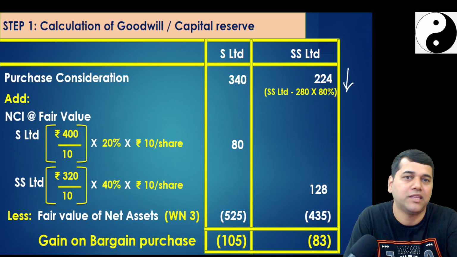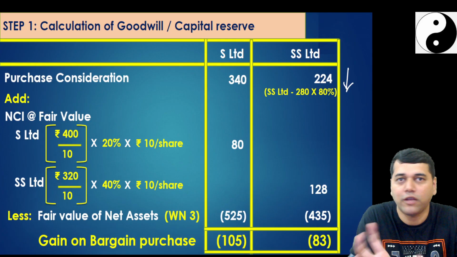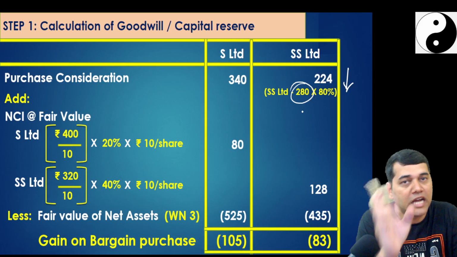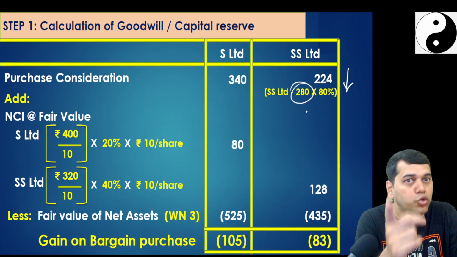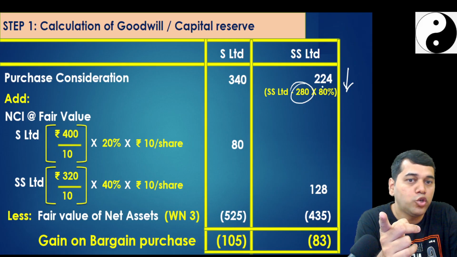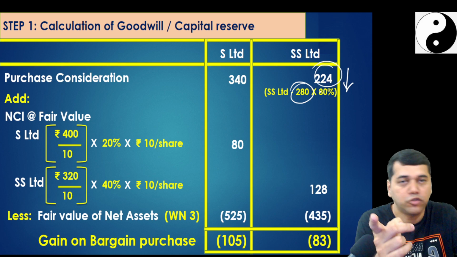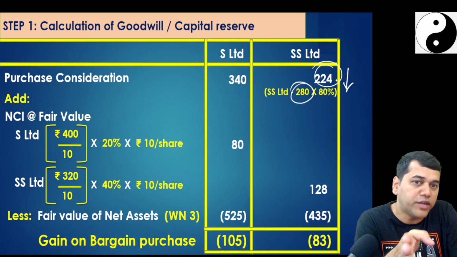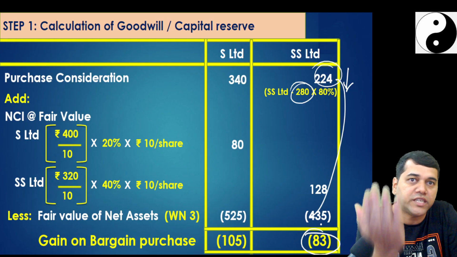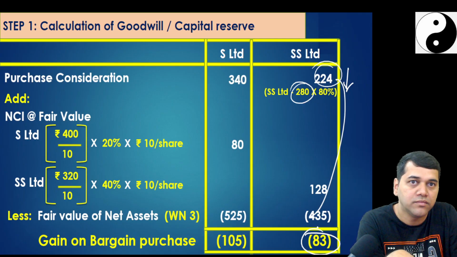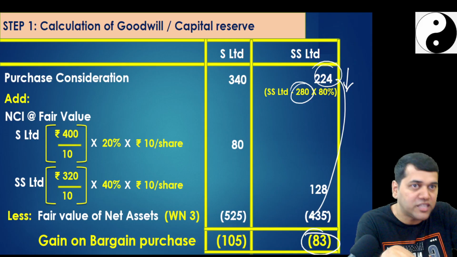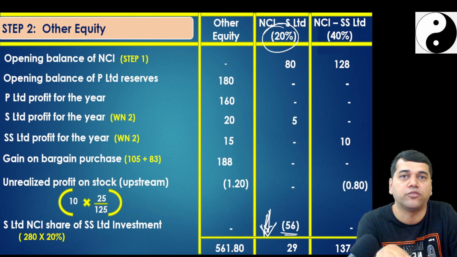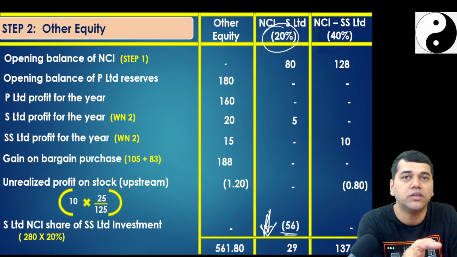Because otherwise how will my balance sheet tally? Because I got a tallied balance sheet. In this tallied balance sheet, 280 is the investment figure. I should have eliminated the full 280, but you eliminated how much? 224. No, actually you eliminate the full, but for goodwill calculation, 224 you take. The moment you take 224, your goodwill will be overstated or understated? So the moment you understate the goodwill, that much portion you need to understate the NCI also, because it is not yours.